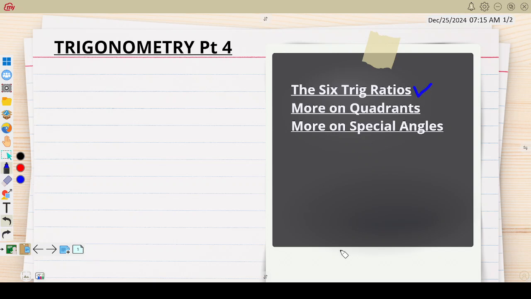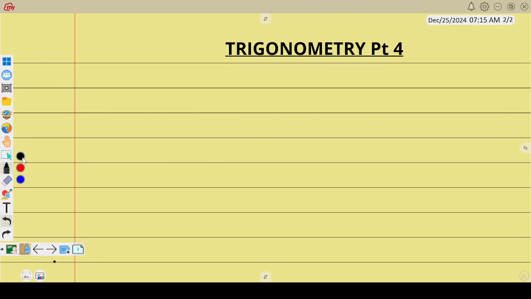The 6 trig ratios. In part 4, I introduced these. I just listed them, and today let's discuss them. The basic trig ratios that we know are cos theta, sin theta, and tan theta. These have relatives.